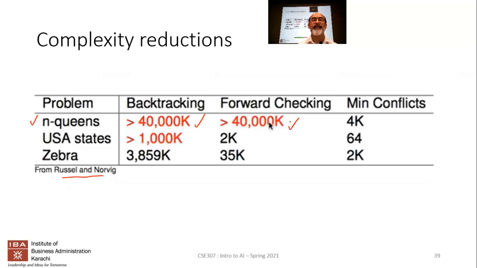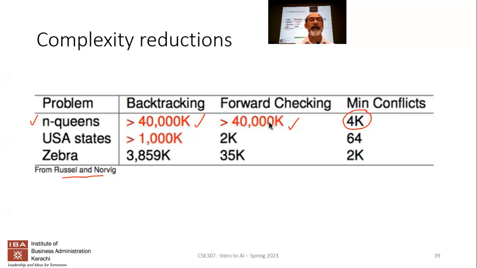But if you use forward checking, in both of these cases, even after 40 million steps, it wasn't able to find a solution. Okay, but using minimum conflicts, it was able to find a solution after 4,000 steps.